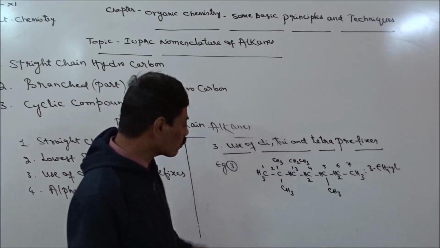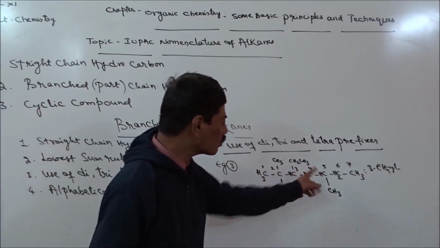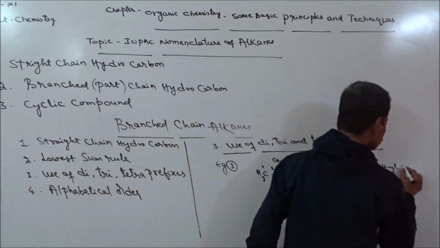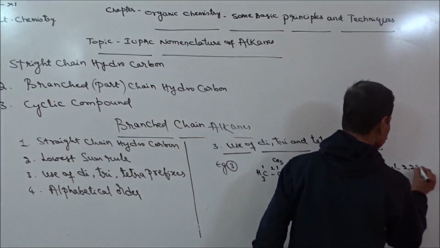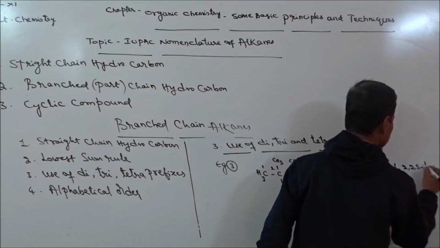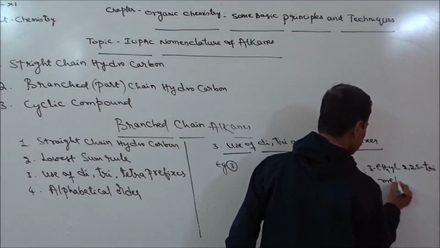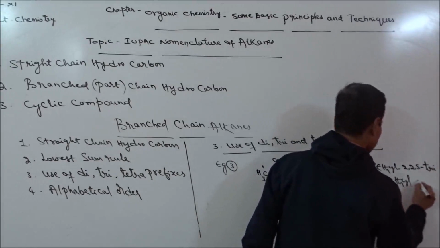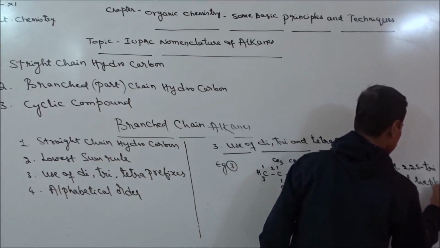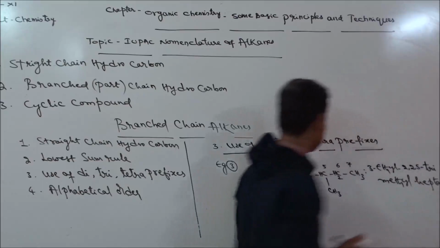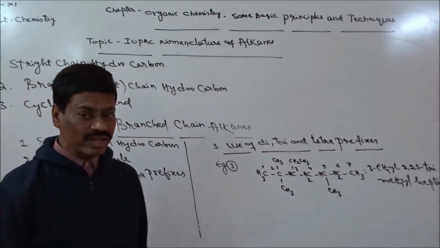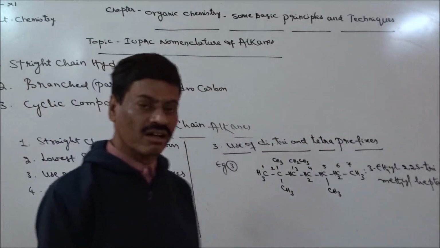Now 3 methyl groups are there. Positions are 2 and 5, so 2,2,5-trimethyl heptane. So in that way, the prefixes di and tri are used.